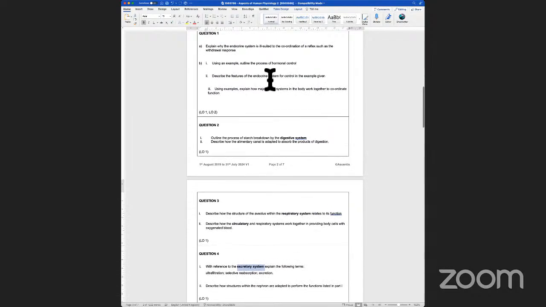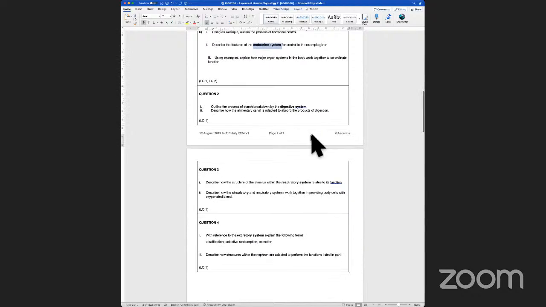So the endocrine system and homeostatic process is covered in question 1, which everybody will do. But apart from that, if you want to look at the digestive system, let me briefly show you my full screen, and that will give you a perspective in terms of how I would go into details.